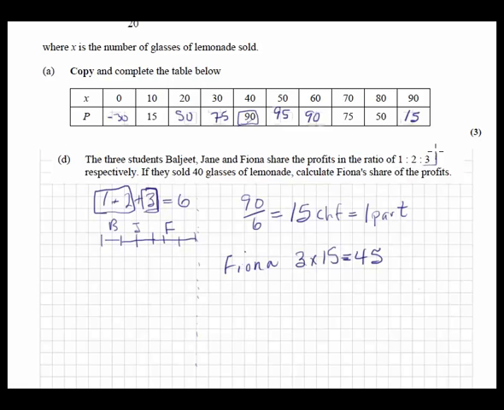She got 3 shares of it, and the other 2 together got 3. So she got half of the profits, half of 90, 45. And so we've just sort of confirmed the math that we did here to figure out how much money she got. And there is the rest of question D. Sorry, we got cut off there.